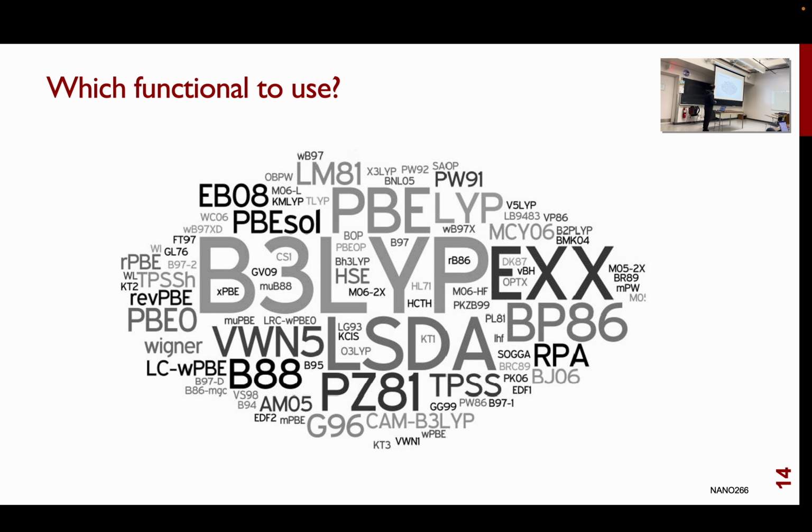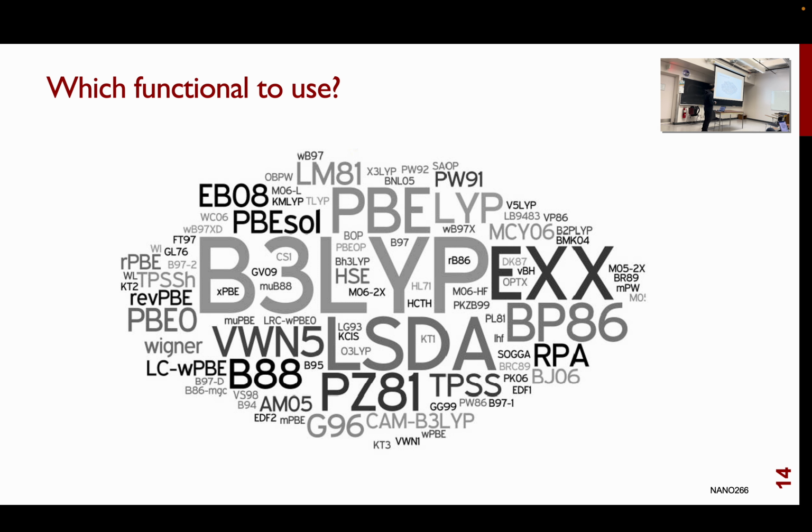But here, the size of the letter shows you how often that functional is being used in a publication, right? And it's no surprise B3LYP is one of the most popular. It's less used for solids, it's mostly used in quantum chemistry, but because of the sheer volume of quantum chemistry papers, it is one of the most used functionals in the world.